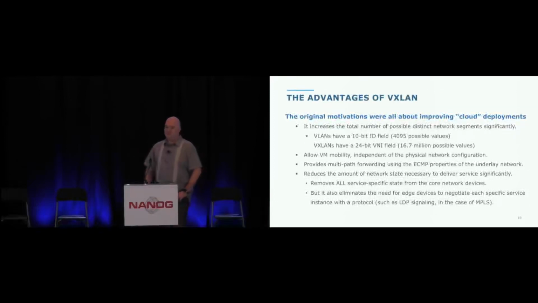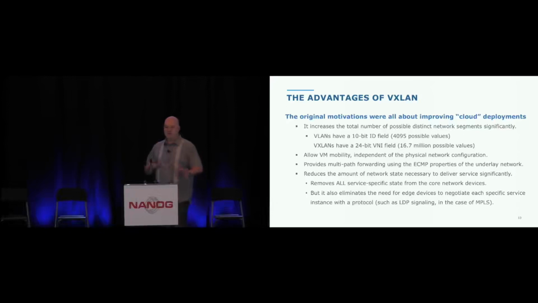So the original motivations behind this were, like I said, all about cloud, right? When you're trying to build these massive scale cloud infrastructures, you have to have a way to solve these problems. So VXLAN took you from a 10-bit field in VLAN space all the way up to a 24-bit field. So you get 16.7 million possible combinations. That's enough to work with. It's very easy to do VLAN mobility, right?